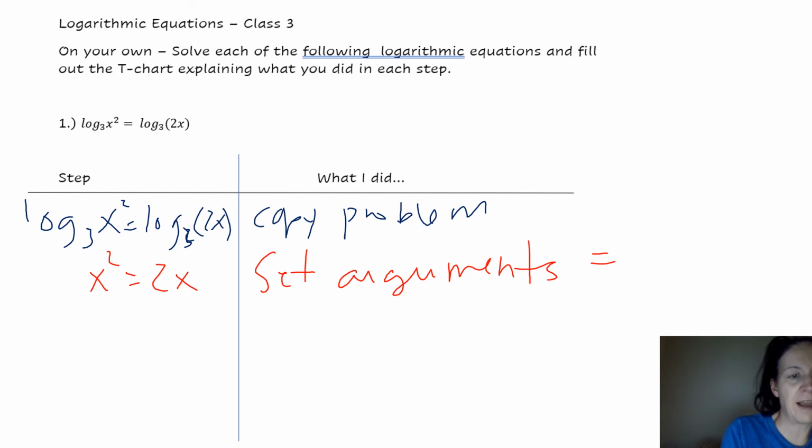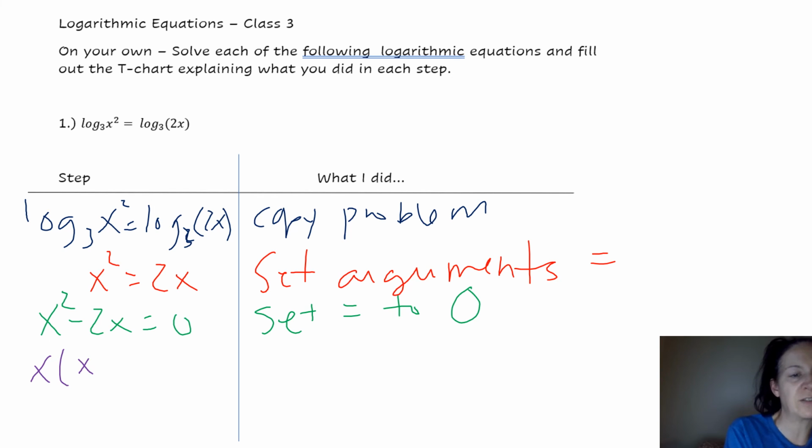Now I recognize that it is a quadratic, and with a quadratic, you want to get a 0 on one side. So you could say set equal to 0. You could say subtract 2x from both sides. I'm going to say set equal to 0. That's probably the mathier way of saying it. Now I'm going to factor. This is just GCF factoring.